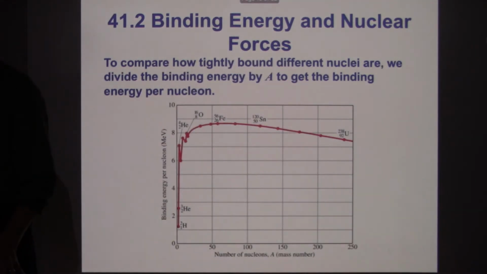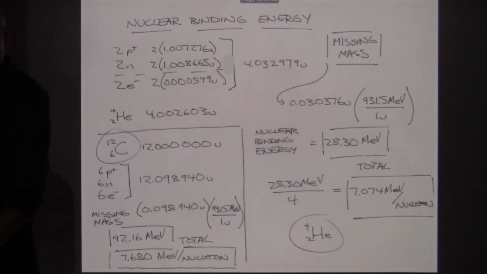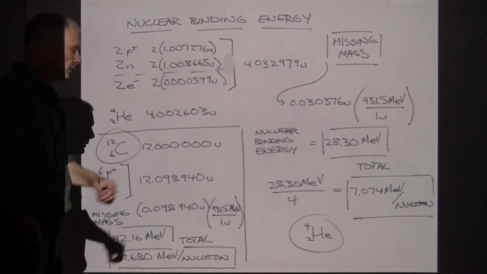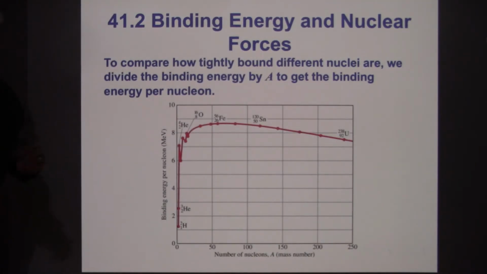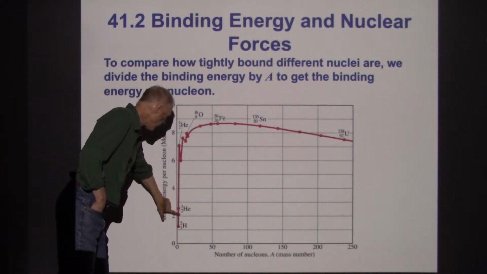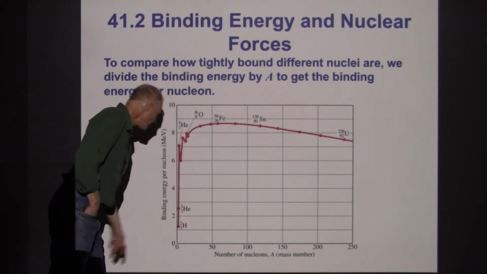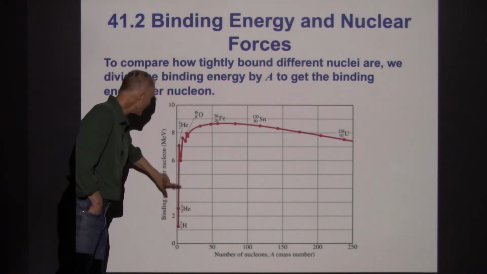So everything we were just talking about. Now what we can do is take that number, these MeV per nucleon, the binding energy per nucleon, and compare as we go through the periodic table. What we find is that the isotopes of hydrogen, hydrogen-2, also called deuterium, have a pretty low binding energy, but then helium-3.